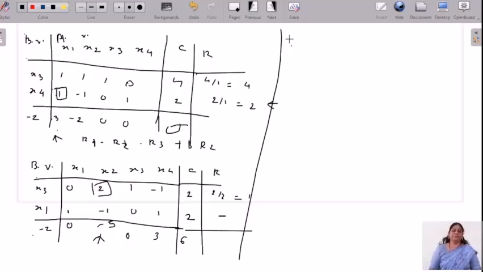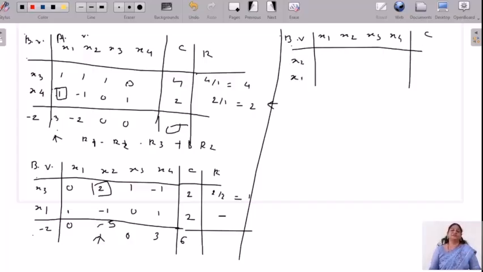Therefore first, the basic variables are x1, x2, x3, x4, right hand side constant. Here is x2 and x1.